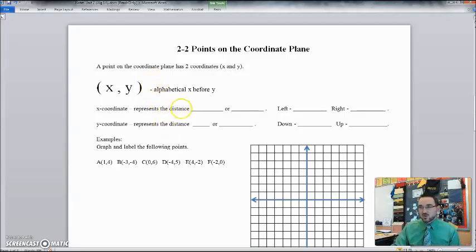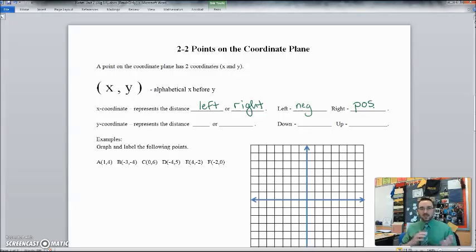Okay, so the x coordinate represents the distance left or right. If we go left, if you remember from last video, I put some of these numbers over here. These are the negative numbers. So left is negative. Right is positive.